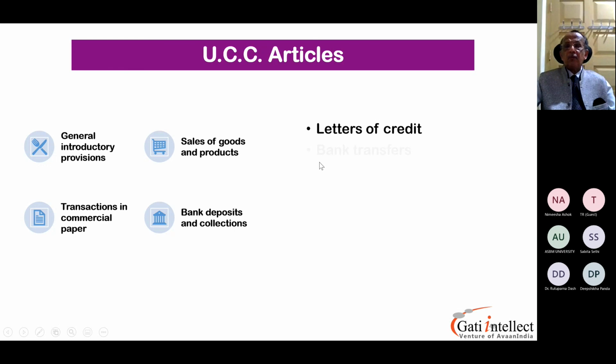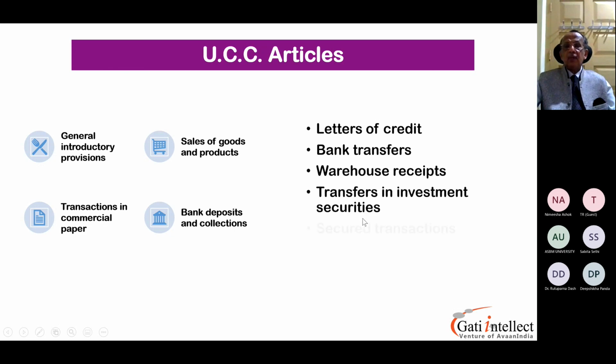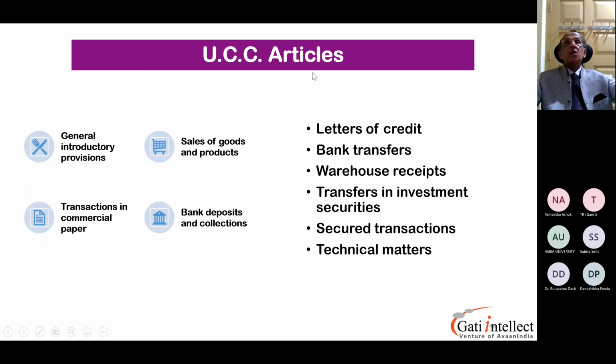It can be letters of credit, bank transfers, warehouse receipts, transfer of investment securities, secured transactions. All this comes under UCC. Again, I'm repeating, it's a model code. They set up the model codes applicable internationally, and each country or each regulatory body will incorporate this UCC into their own statutes.